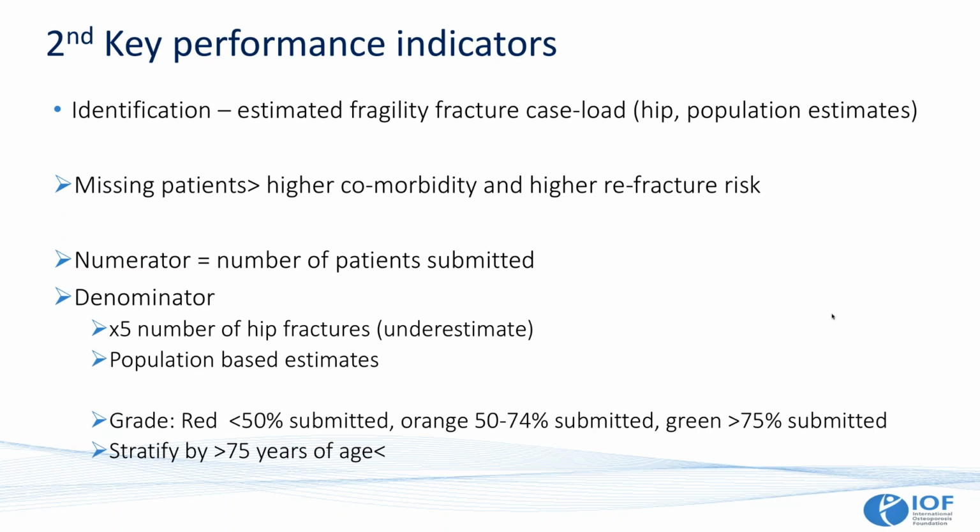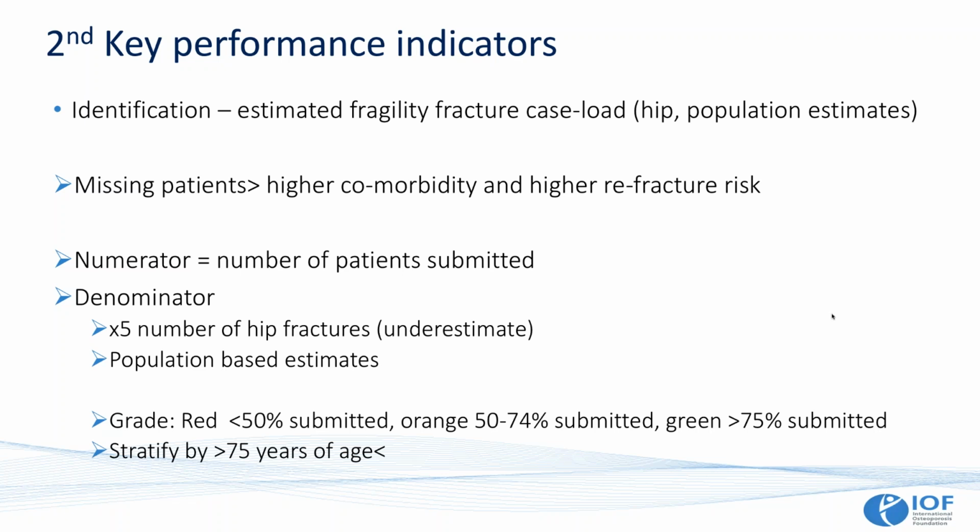And we know that patients who don't attend an FLS appointment are likely to have a higher comorbidity profile, more likely to be older and frailer, and therefore have a higher refracture risk. And really good evidence is coming out now that unless you can find as many patients as you can within your FLS at high risk, the impact of your FLS in reducing refractures will be blunted.